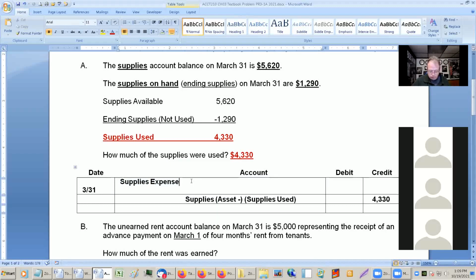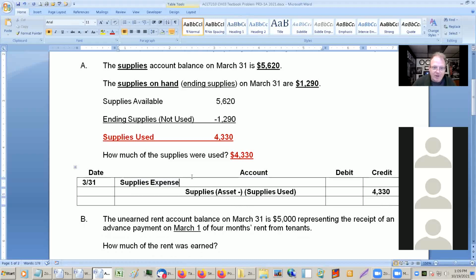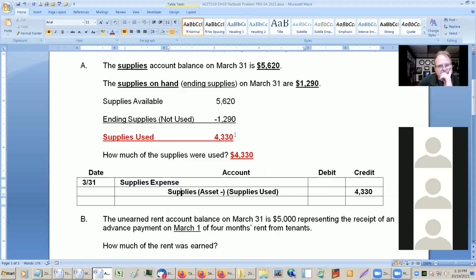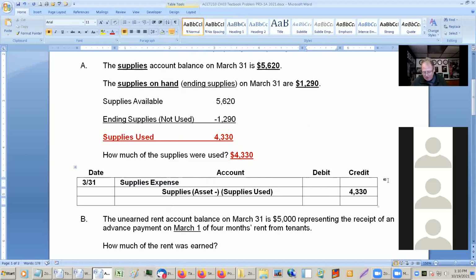Okay. I'll have to do that on future ones. Okay, so this is supposed to be our journal entry. Oops, we need another debit, don't we?